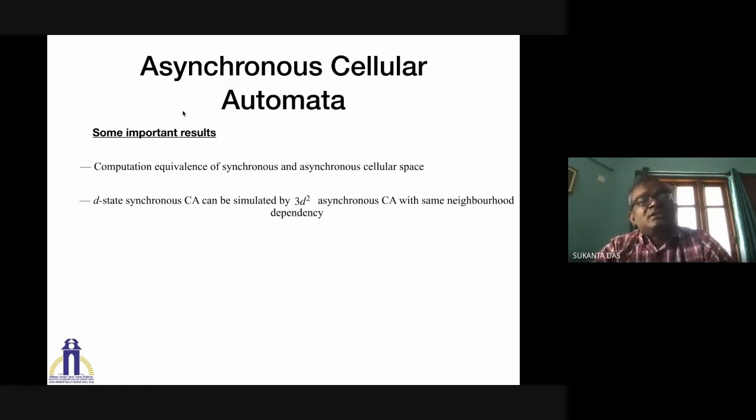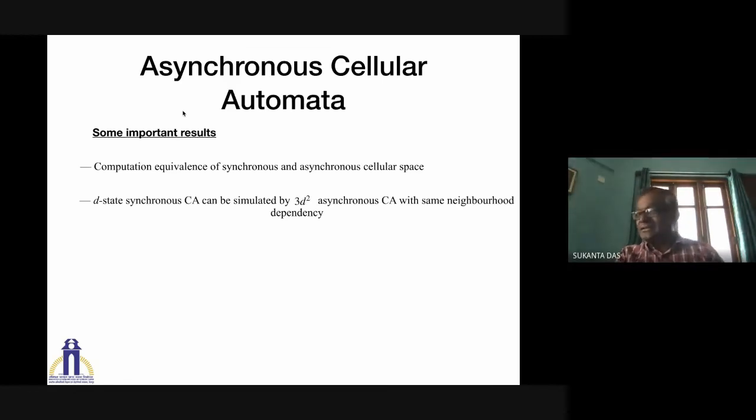One thing you can see here is that you are allowing independence among the cells. That has some cost. What task you can do with a D-state synchronous CA, for doing the same task you need 3D-square states.